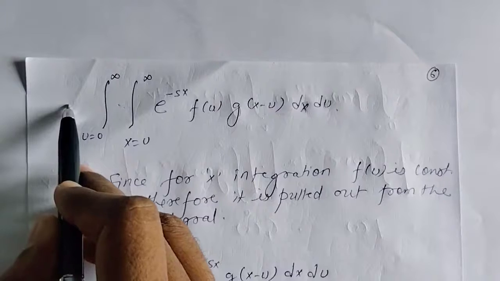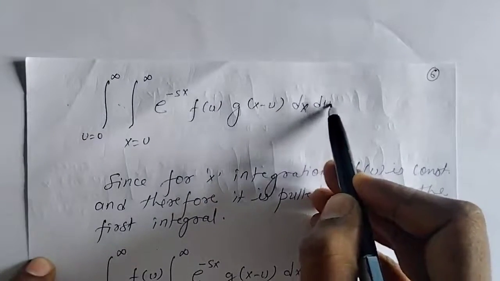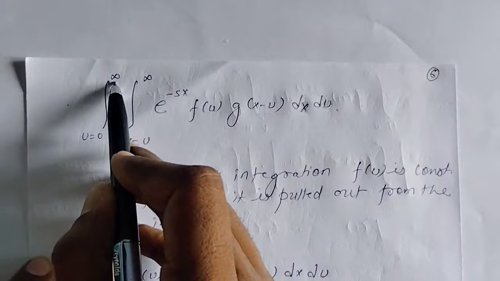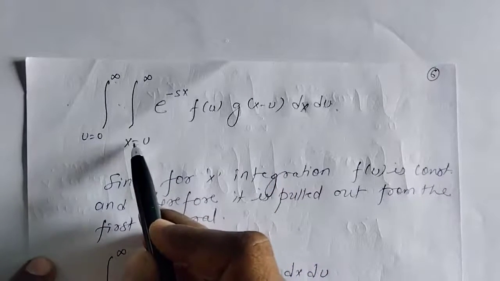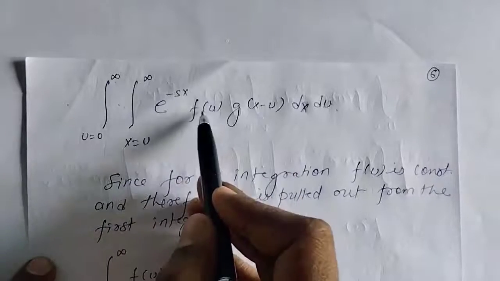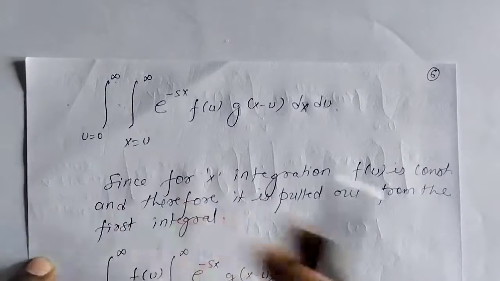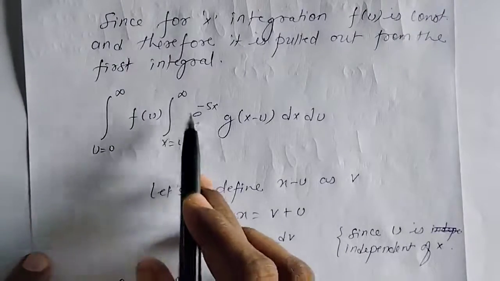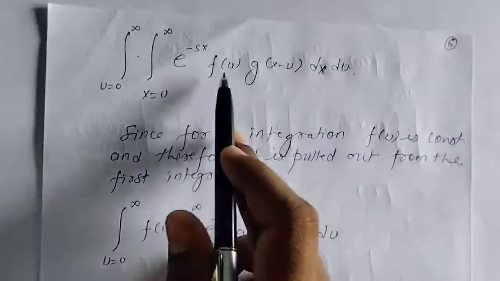Why? Because this du is over the second integral, 0 to infinity. But for the first integral over x, from u to infinity, f(u) can be taken out. So this is what we have done here. We have taken out f here.